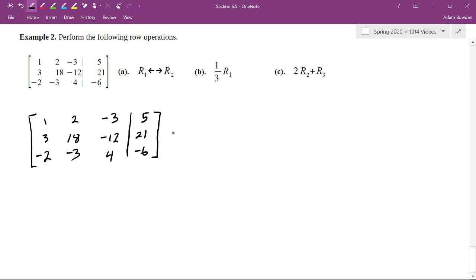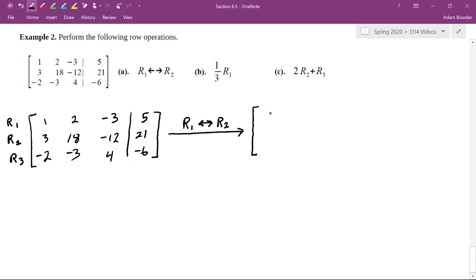Okay, the first row operation says to take row 1 and swap it with row 2. So remember, we can label this as row 1, row 2, row 3. So we're going to take the 2 rows and swap them.